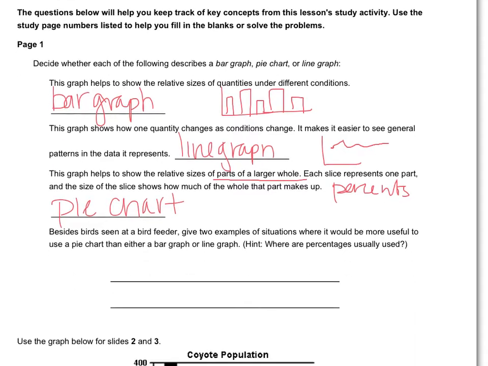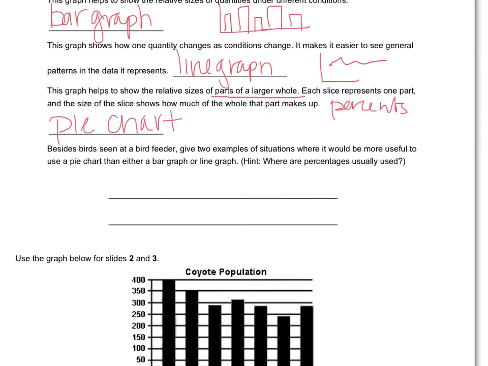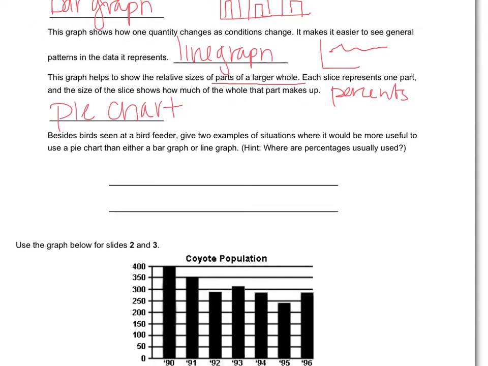So it's asking here to list two examples where it would be more useful to use a pie chart than either a bar graph or a line graph. And it's always a hint as to where percentages are usually used. So an example, if you wanted to show the percent of students in each grade level, that would be a great pie chart.